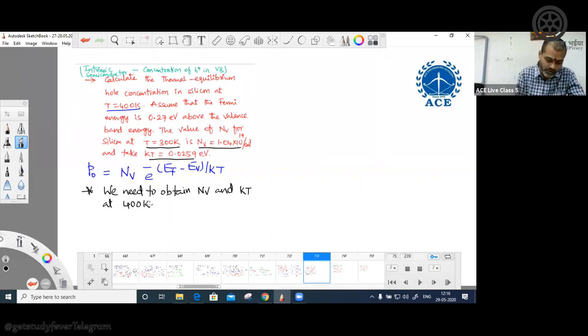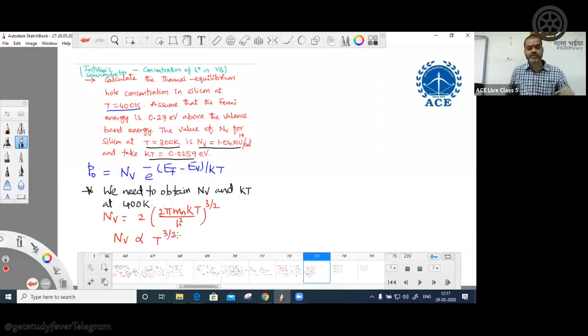Now we know what NV is. NV is 2 times (2 pi mn KT divided by h square) whole power 3 by 2. So we can very clearly see NV is proportional to T power 3 by 2. Am I correct?